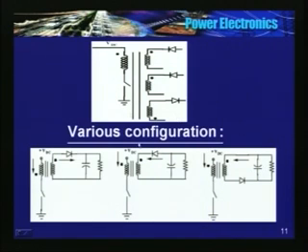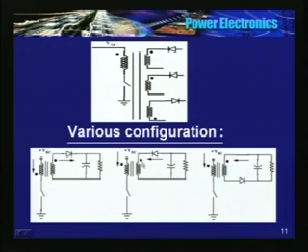See, here are the various configurations. Current leaves the dot, current leaves the dot. Okay. See here, current enters the dot, current enters the dot, current leaves the dot. So this is positive.